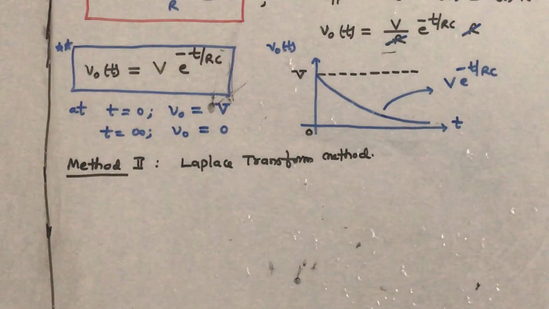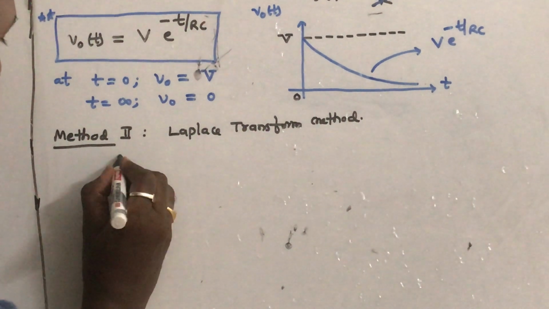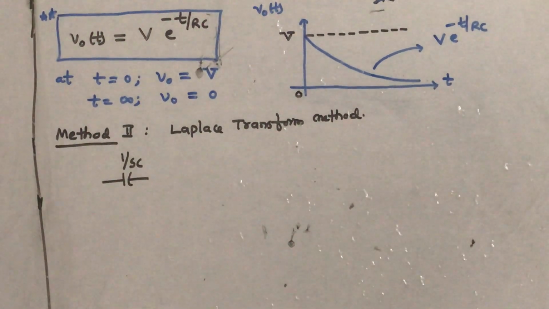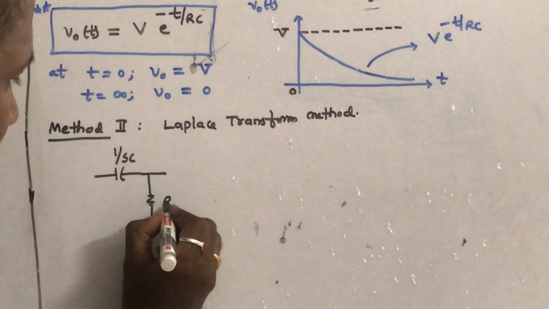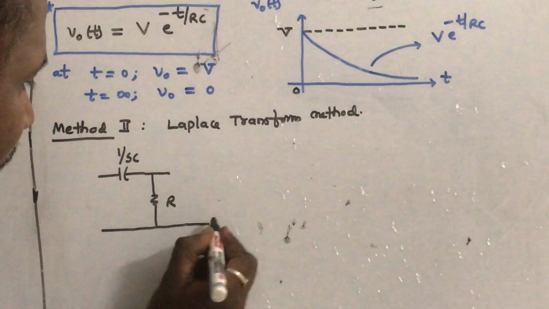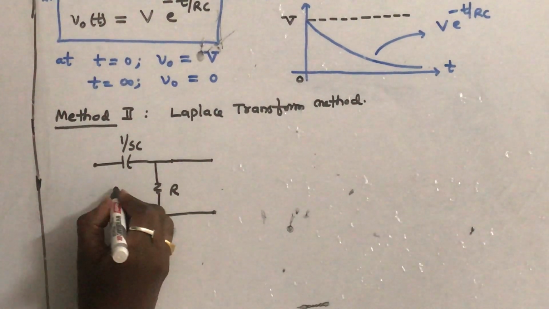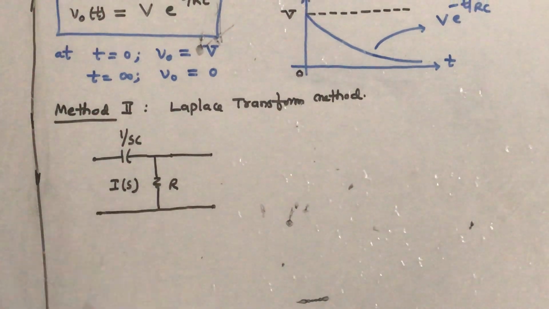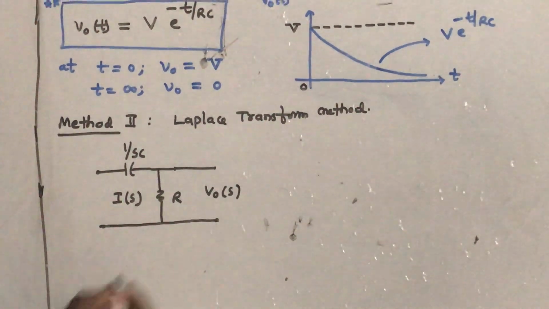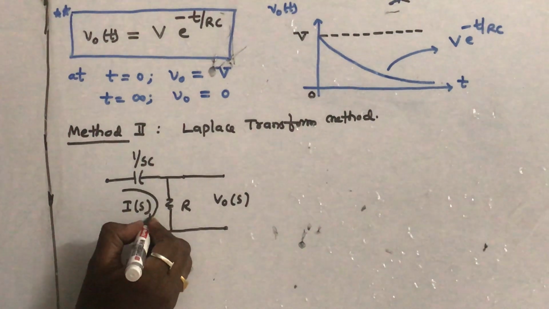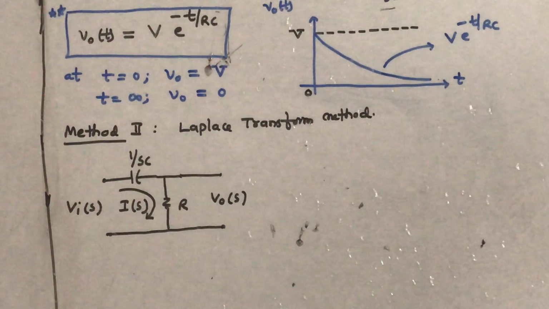In the Laplace transform, you know that the capacitor is replaced by 1 by SC, the resistor will remain the same, and the current I of t is replaced by I of s. The output voltage is replaced by V0 of s. This is the current flowing in this loop. The input voltage is replaced by VA of s.